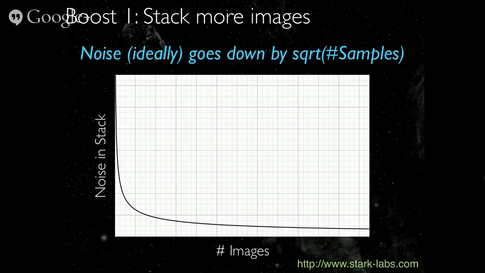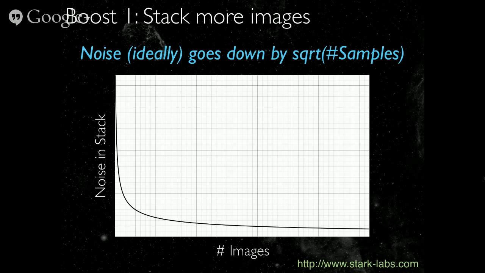Now, if you just plot this curve, if you say, okay, how much noise is there in a stack of images relative to a single image, we can see that as you add in more and more images, it follows this decaying curve. This is a 1 over root n curve, or 1 over the square root of the number of samples.